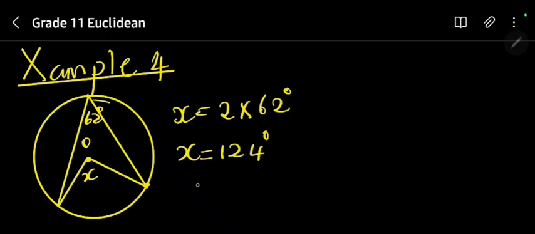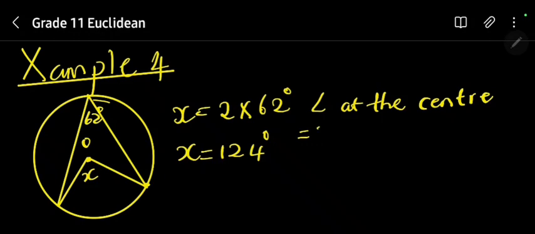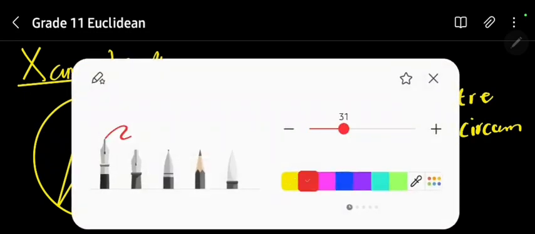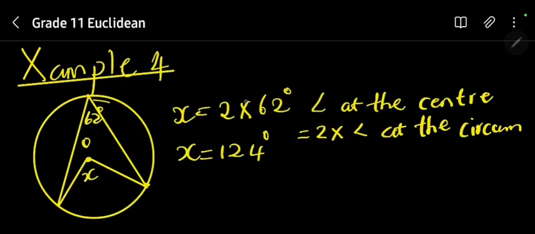And your reason is going to be: angle at the center is equal to 2 times angle at the circumference. Then you just get your marks, 1 there, 1 there.